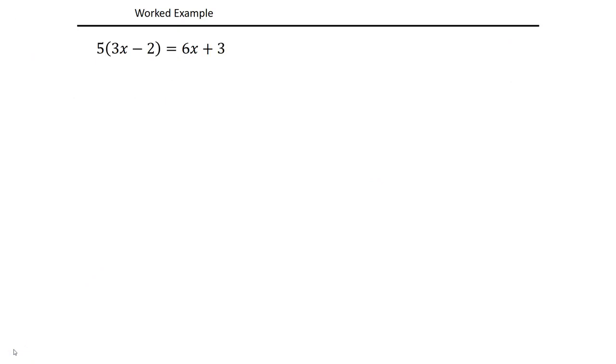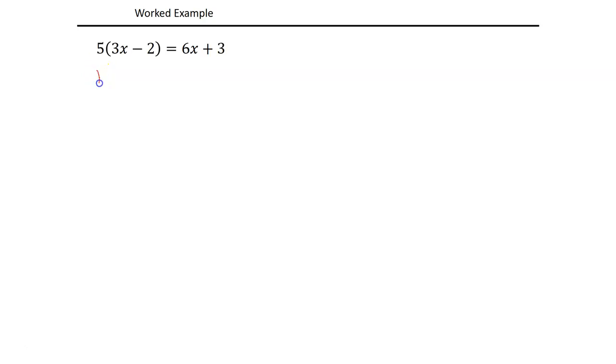In this last example, you can see that we have the pronumeral on both sides of the equal sign and we've got brackets. So let's have a look at how we deal with this. I'm going to start by expanding the brackets, and that's what you should do every single time. It's almost never going to be the case that dividing by the number on the outside of the bracket will make it easier.